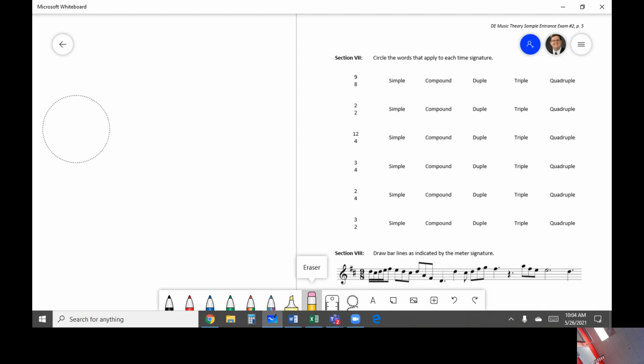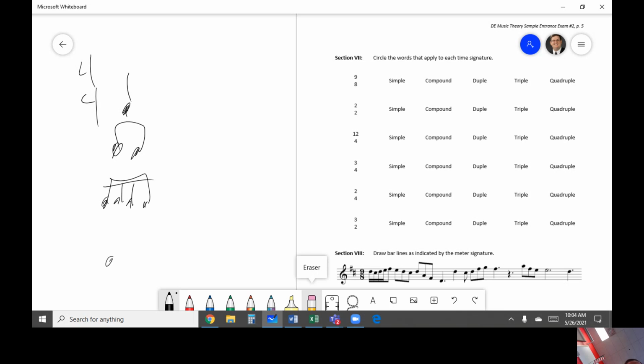If you're in 4-4, yes, you can divide 4s into triplets, 1 and 2, 3 and 4, or taki do ta, taki do ta. But in its native form, 4-4, that quarter note is going to be divided into eighth notes or 16th notes.